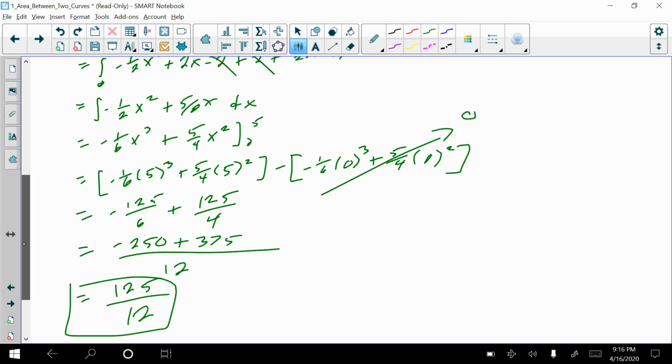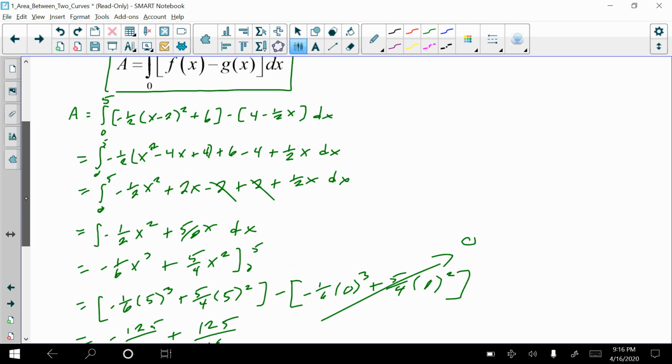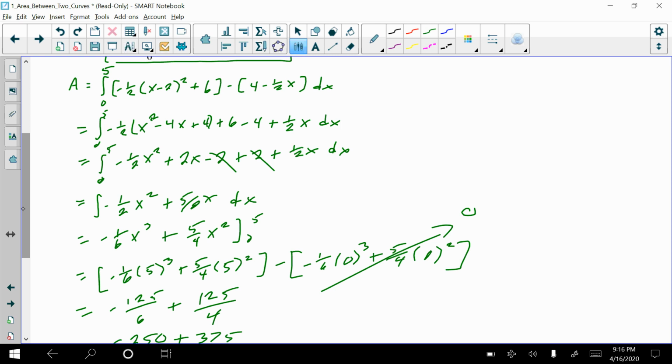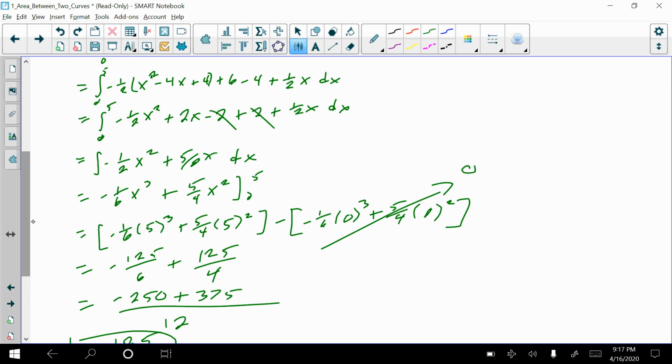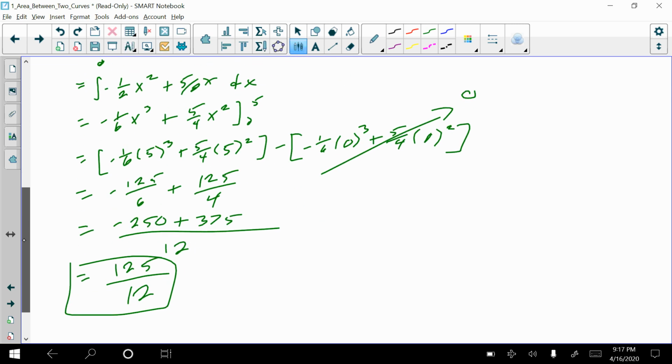The first video was very much a discrete process of finding this integration, finding that integration, and then subtracting the two areas, or the two accumulations, from each other. And here we're incorporating the two functions, simplifying what we can in the integrand itself before we take the actual integral.